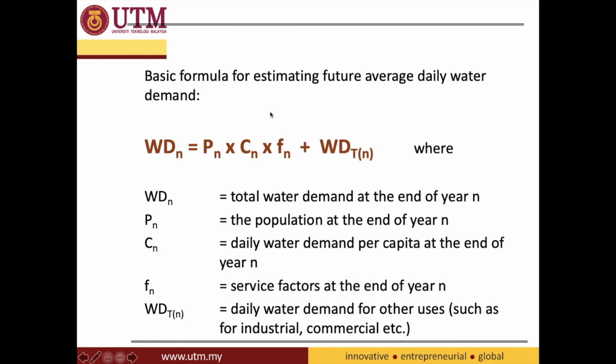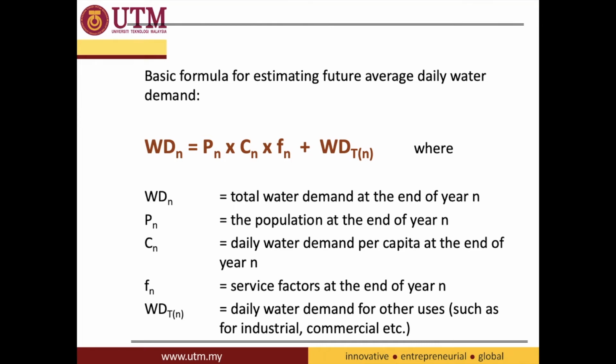Cn stands for the water per capita per day in the year N. So for this case, it is the water per capita per day in the year 3000.